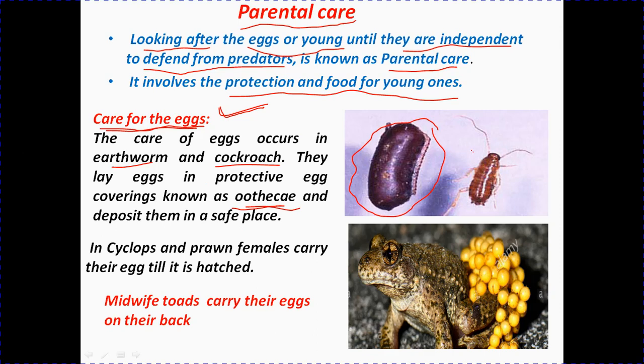The egg is laid by the cockroach in this protective covering, and the eggs are present inside it. It is just to make sure that their eggs are safe. This is the parental care shown by some insects. In cyclops and prawns, females carry their eggs on their body till they are hatched.